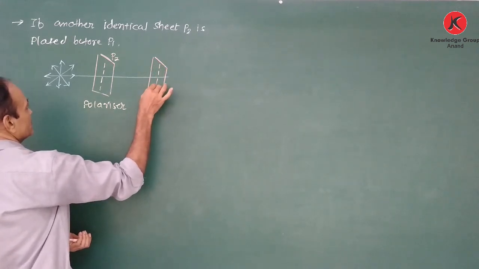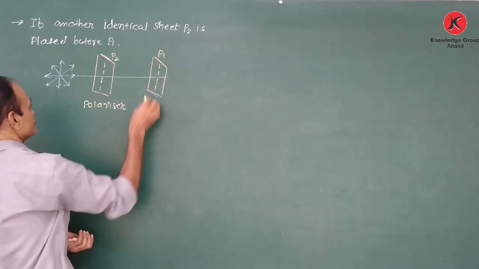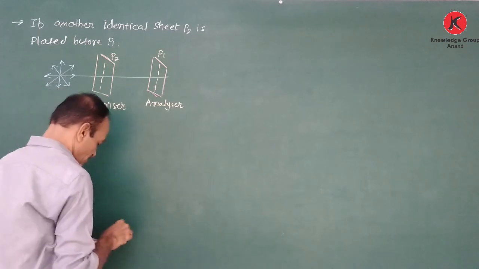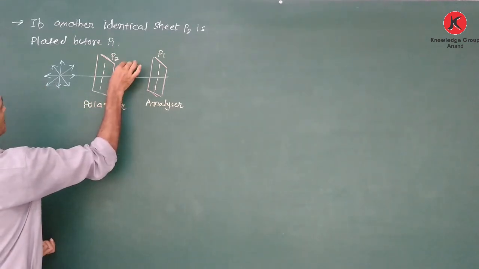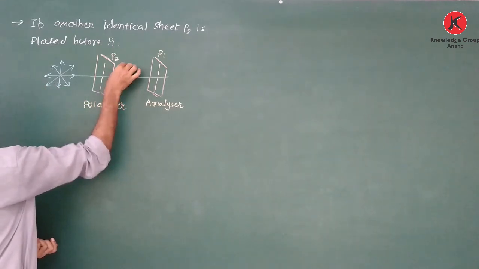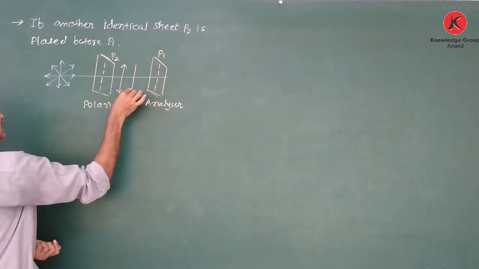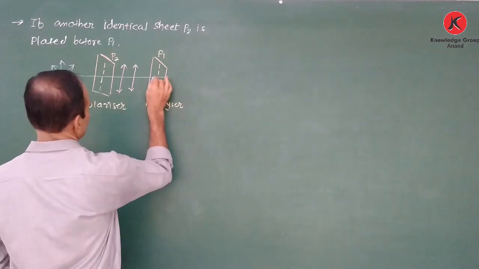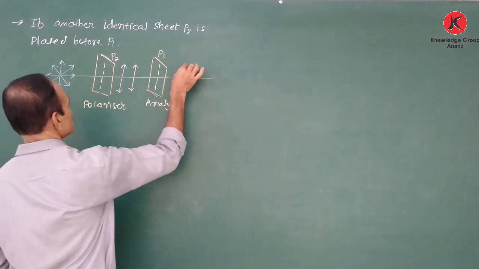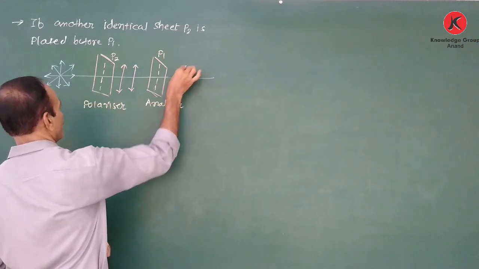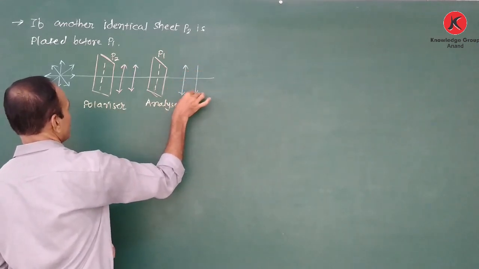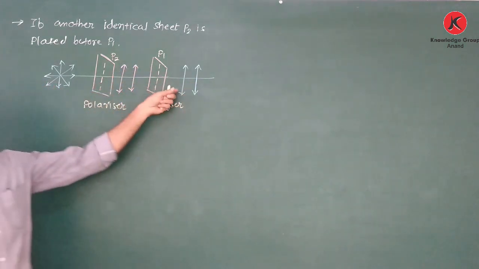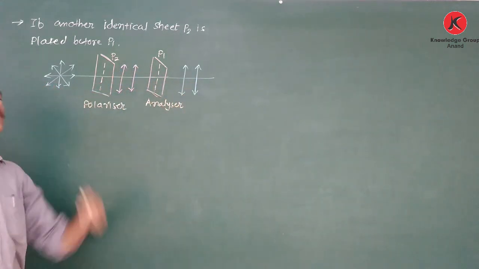P1 is the analyzer. So here there is the plane polarized light. This plane polarized light is incident on the other sheet P1. The transmitted light from P1 is also the same. Therefore, the intensity of the light emerging from P1 is the same as the intensity of the light emerging from P2.